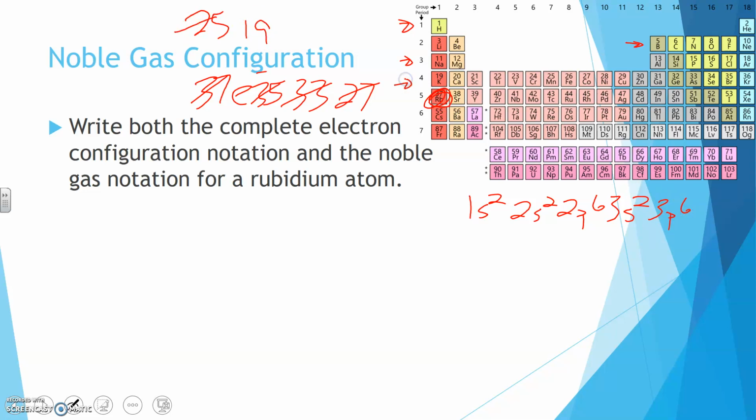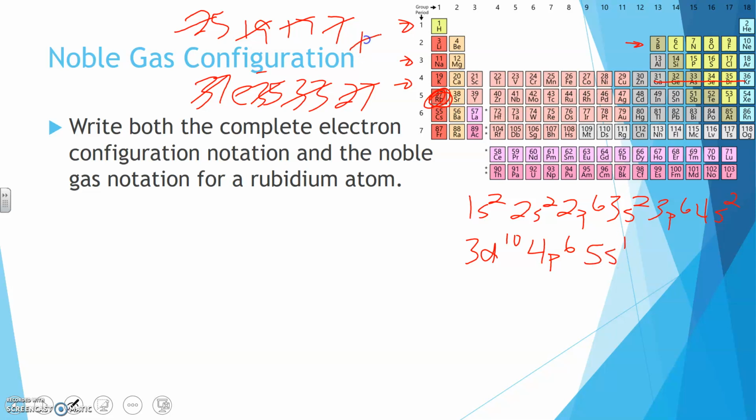Then we have 4s2, down to 17. And then we go through the D orbital, so that is 3d10, and now we're down to 7. You've got your 4p6, down to 1, and 5s1.